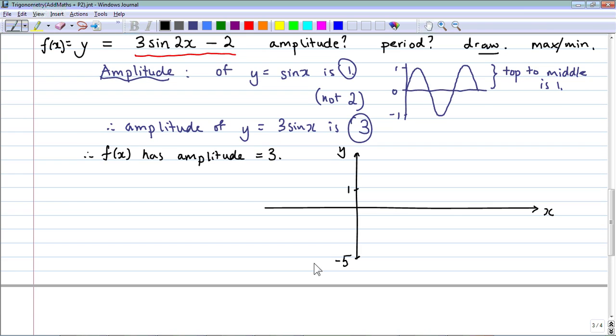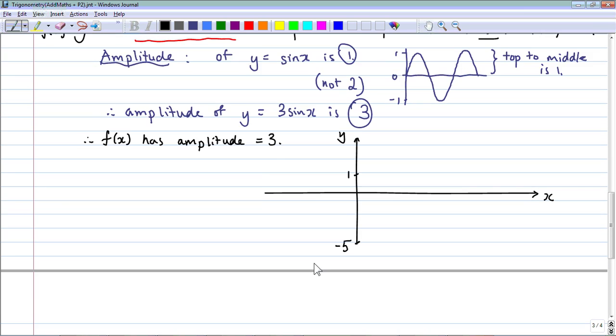So what's the center line of the function? Well, it's clearly where, how do I draw this? Maybe here. Okay, this is maybe not a very good scale. I'll draw this a little bit lower down. Okay, -5 is here. So that means our graph has a maximum at 1, a minimum at -5, and a center line at -2.